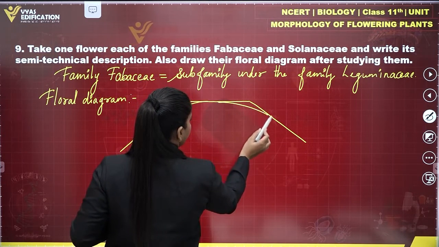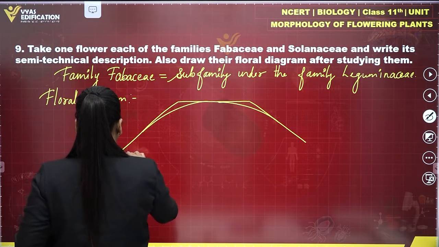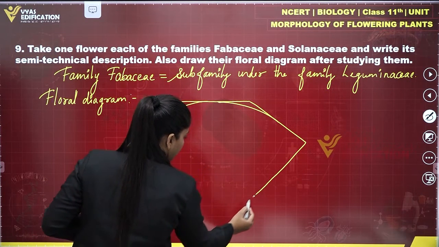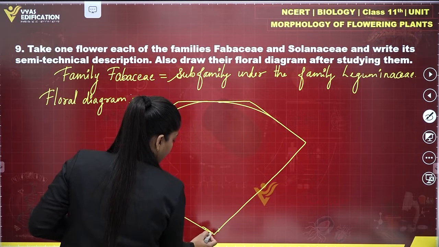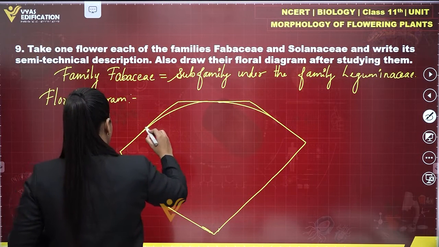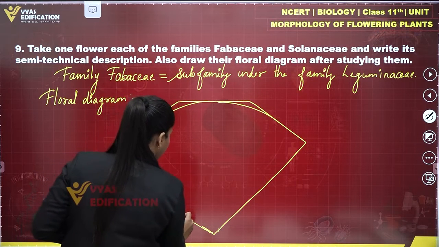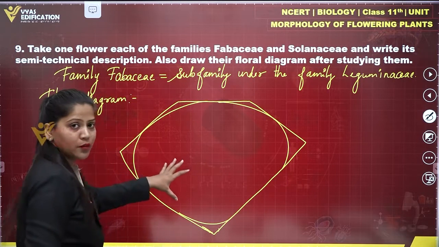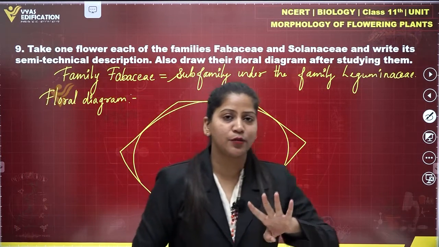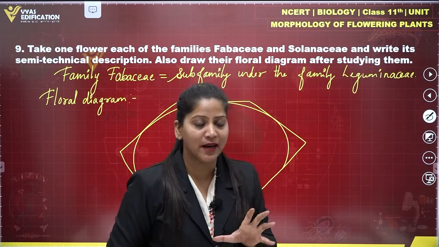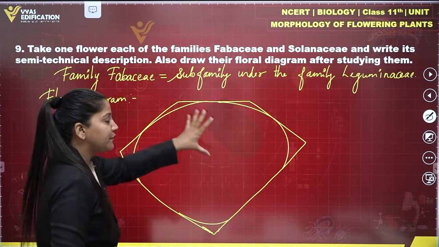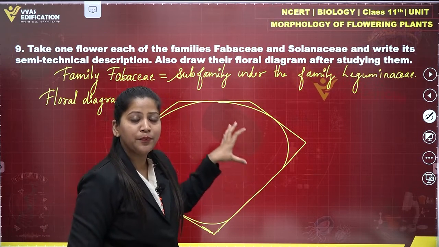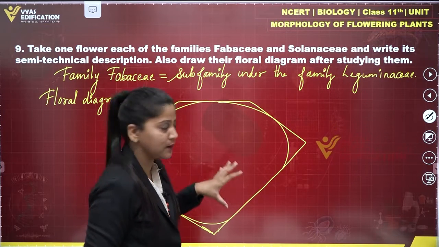Here I am going to make the sepals or calyx. These are the calyx, which are fused with each other, and they are 5 in number. The flowers of these plants have 5 sepals which are fused with each other. That means the gamosepalous condition is present in them. They have 5 sepals, fused with each other, and hence they are known as gamosepalous, right?